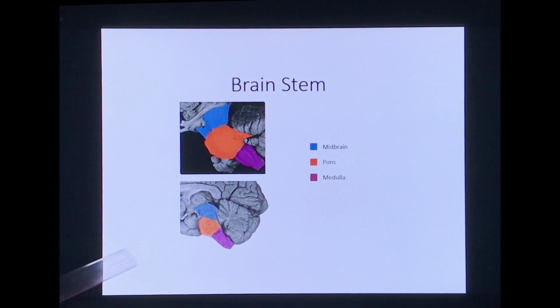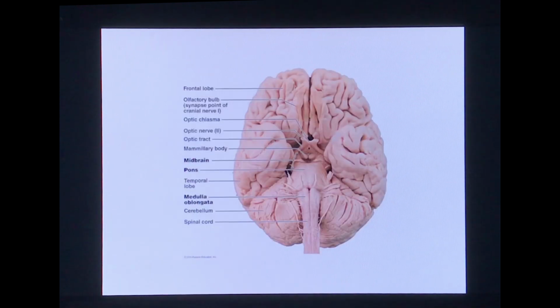The aqueduct separates the midbrain into two parts. The part lying anteriorly is called the cerebral peduncles, and the part lying posterior to the cerebral aqueduct is called the tectum.